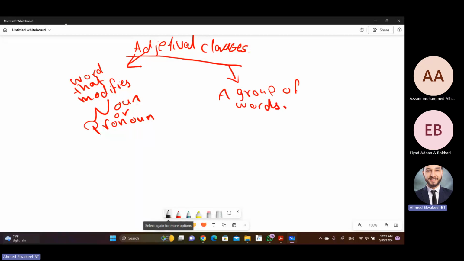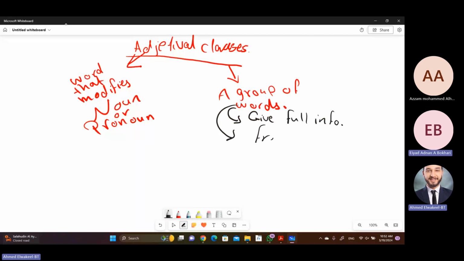Yes. This group of words can give you full meaning, full information, or could be what? Subordinate. A fragment, subordinate, right? That's awesome.